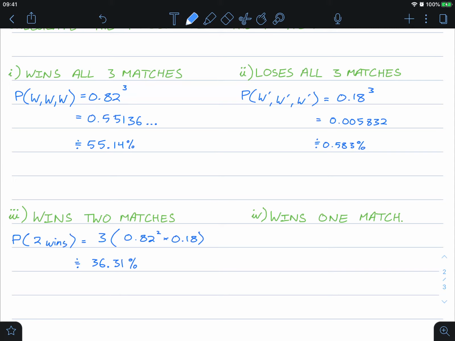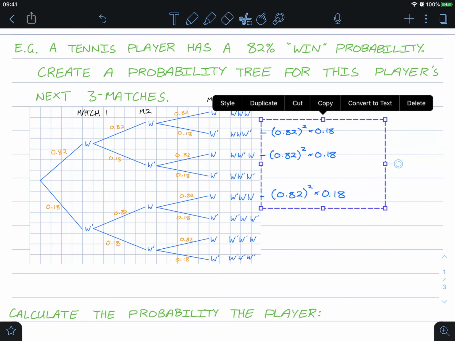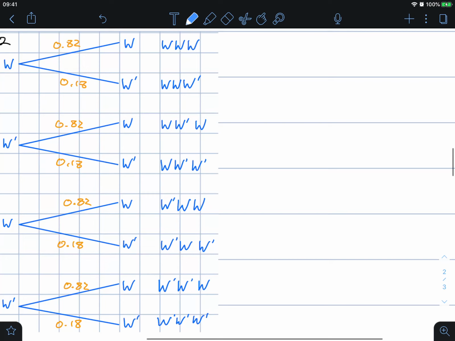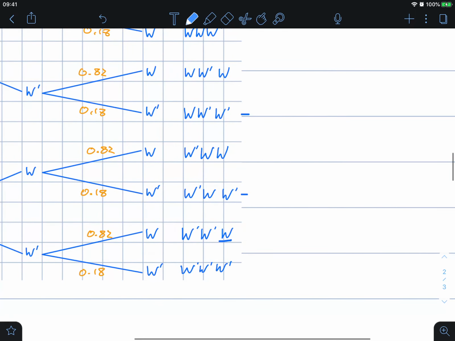One last one. To win 1 match, so probability of 1 win. Let's erase these. Let's now start looking for them. 1 win. Here are 2 losses. There's the 1 win. So we want this one. Here are 2 losses. So there's the 1 win. We want to calculate this one. And lastly, here is the 1 win and the 2 losses.